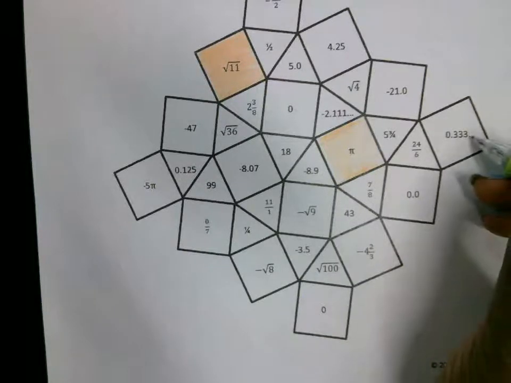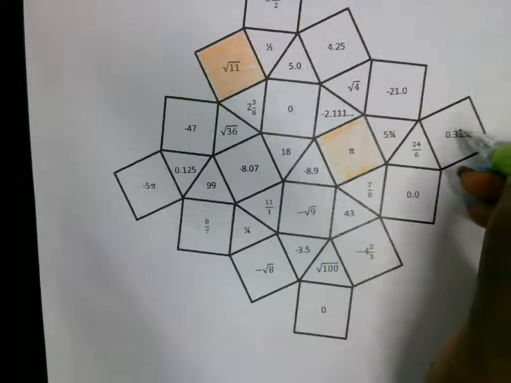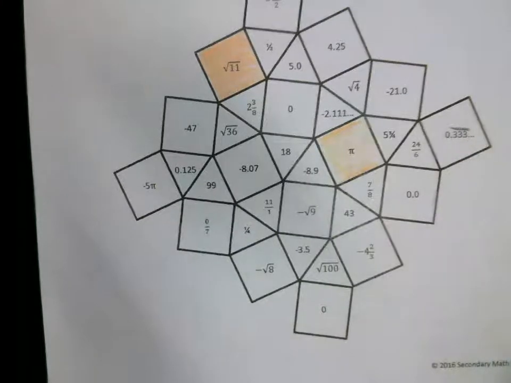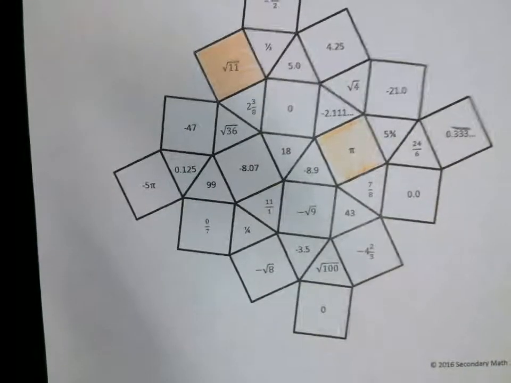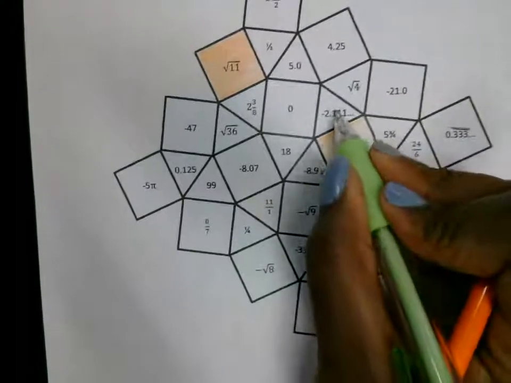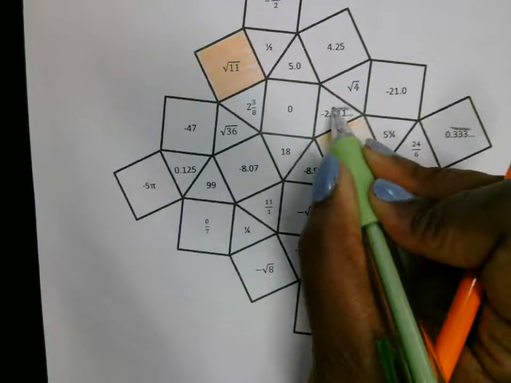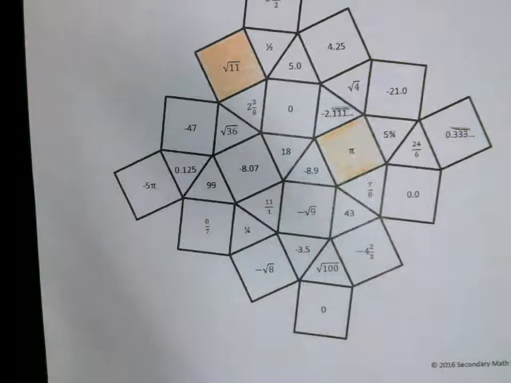But we really do know what number is coming next. The bar should have been over this because the next number is going to be 3. Like the next number here is going to be 1. There should have been a bar over those. So they are rational.